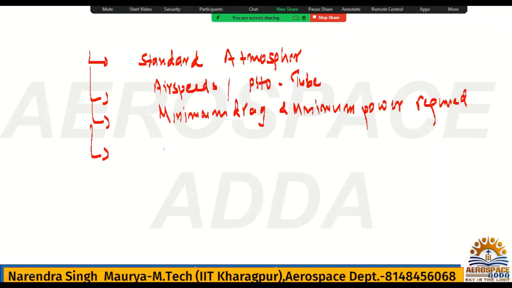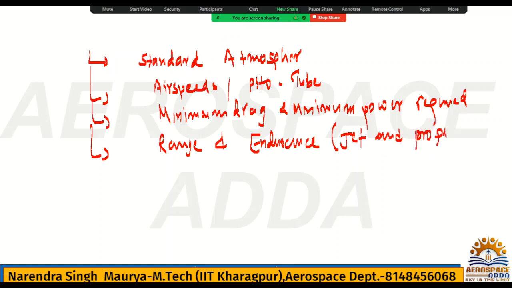Then we had seen range and endurance for jet and propeller engine aircraft.